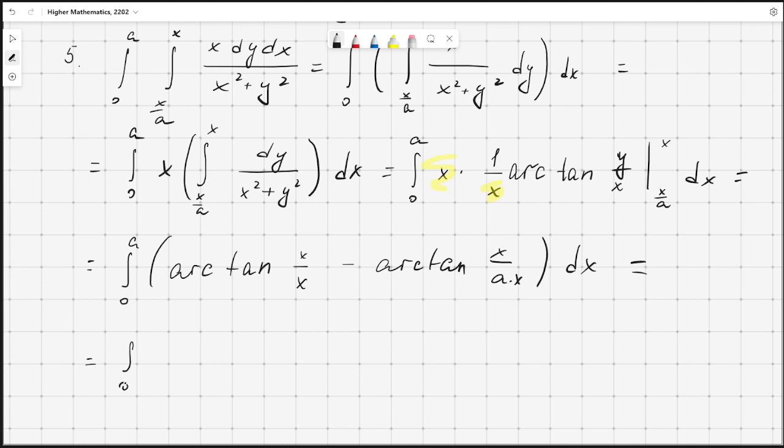We'll have integral from 0 to a. Arctangent x over x is arctangent 1, minus arctangent 1 over a. Arctangent 1 is pi over 4.